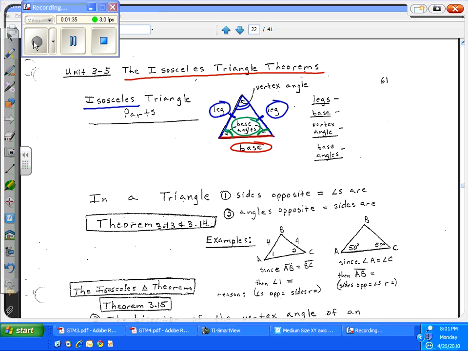If we gave this triangle some letters, then we could name it as we see down here, A, B, C. But what we want to do is define it. And so the legs are the two equal sides. The base then would be the third side.